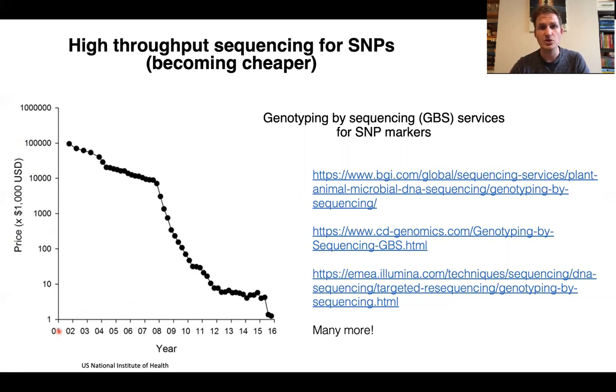it's even less. So if you're sequencing a plant or an animal or a fungus or bacteria, and again, depends on where you are, the costs are going down day by day. So for GBS markers, to just sequence a single individual doesn't cost that much anymore.